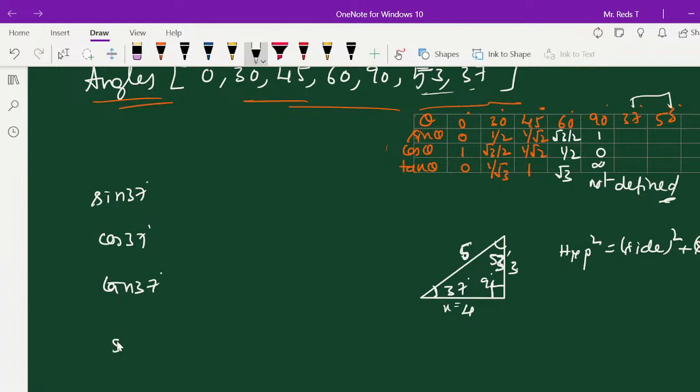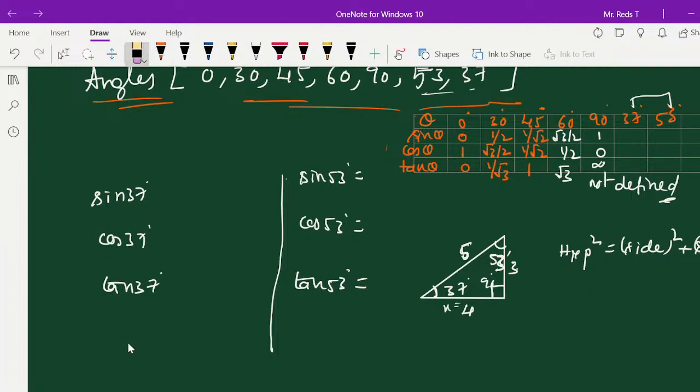Then sin 53, cos 53 and tan 53 degrees. If you look at the triangle, you can get these values so easily that you can remember.